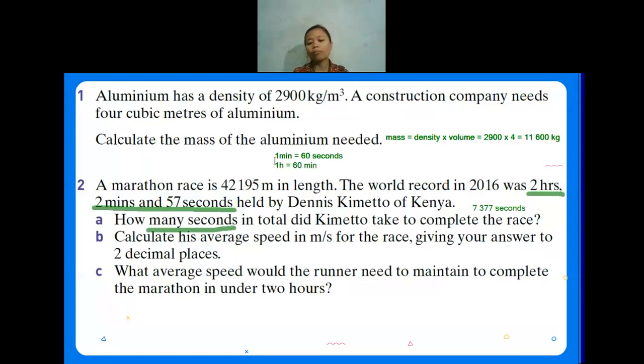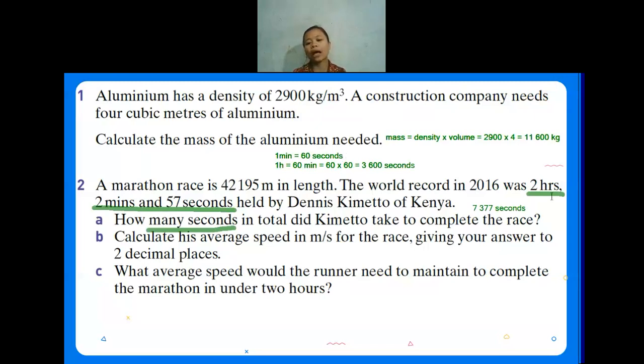So I can change 60 minutes into seconds by multiplying by 60. 60 times 60 is 3,600 seconds. 1 hour equals 3,600 seconds, and 1 minute equals 60 seconds.